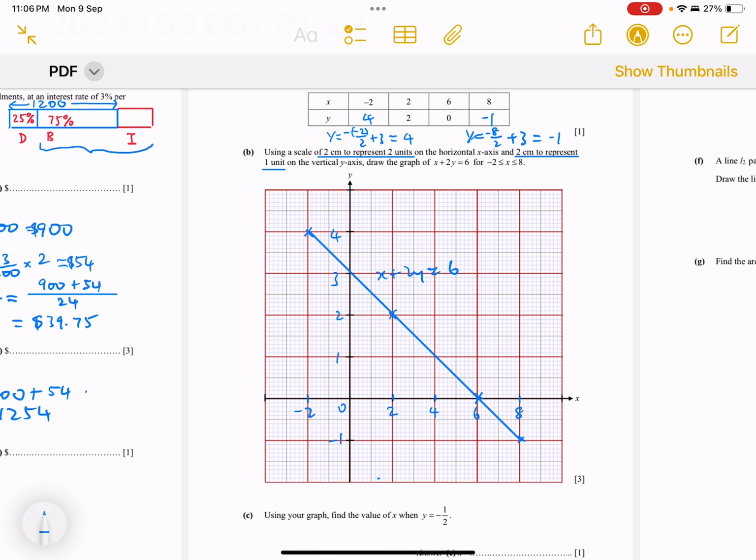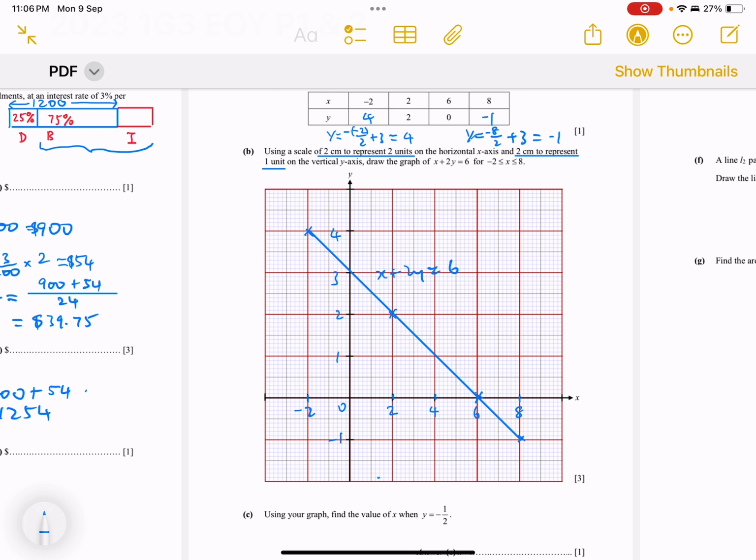Okay, now using your graph, find the value of x when y is -half. Y is -half. So this is the line, y is -half. So we draw a dotted line, y is -half. And once it hit the line, we read off the x value.